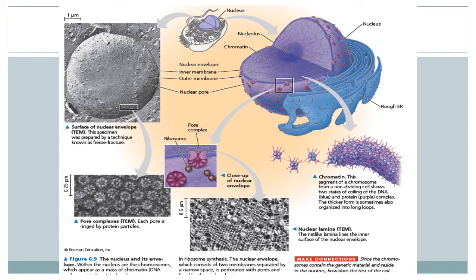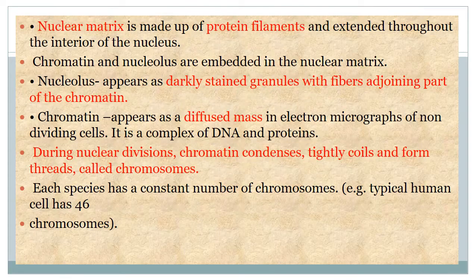So here in this diagram you can see a closer view of the nuclear envelope with the complex and the chromatin also. The nuclear matrix is made up of protein filaments extended throughout the interior of the nucleus. All that we've seen in the previous slide.